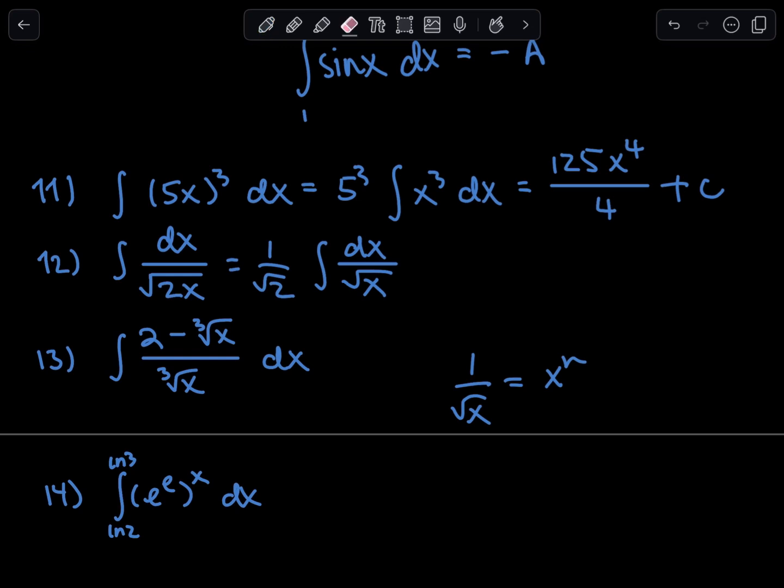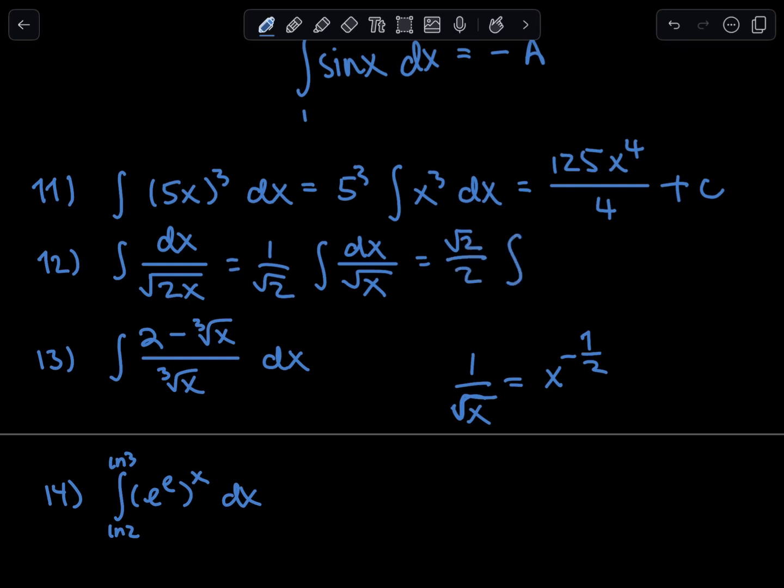So the power will be negative, since we have x in the denominator, and it's going to be negative 1/2, since we have this square root, which is the same as a power of 1/2, or negative 1/2 when it's reciprocated. So we say this is just, and we can write this as square root of 2 over 2.